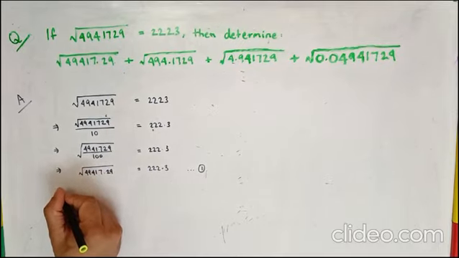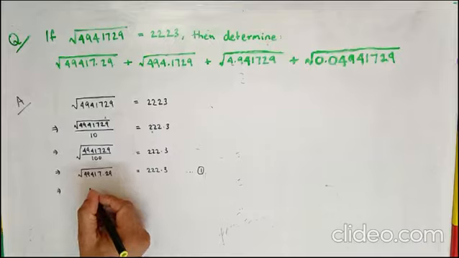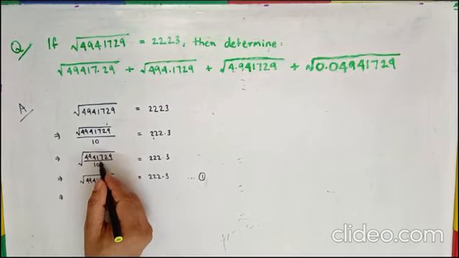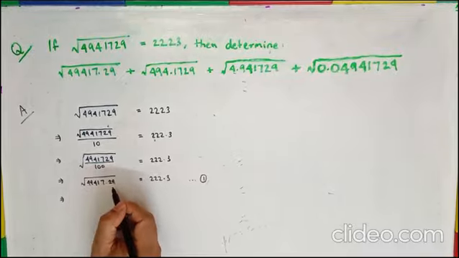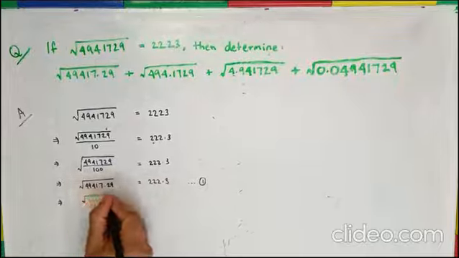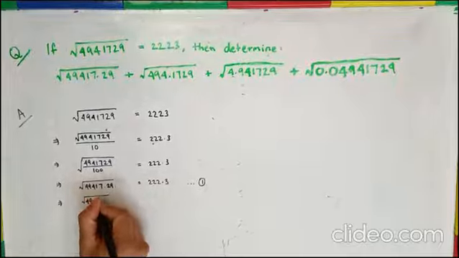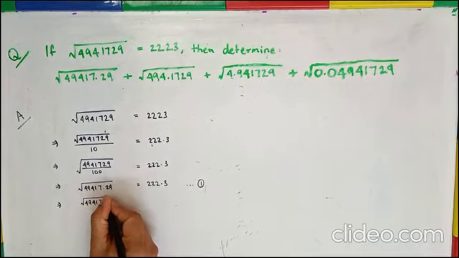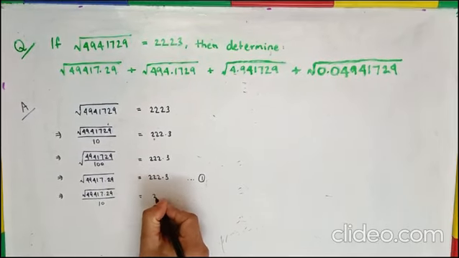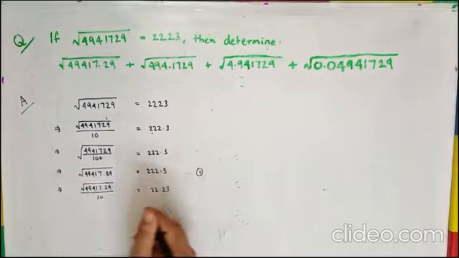So dividing this by another 10 means dividing this by 100, I mean, under the square root, we will get 100. So the square root of 49417.29 divided by 10 is equal to 22.23, right?